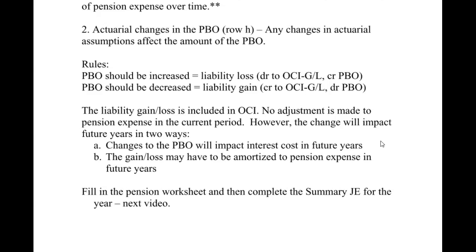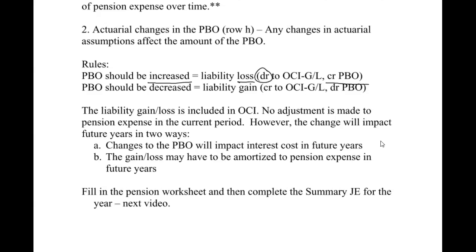If an actual change causes the PBO to increase, we call that a liability loss. The easy way to remember that is, if I'm increasing the PBO, it's a credit to the PBO, and if I'm calling it a loss, it's a debit in the gain or loss column. So we have two possible things going into the gain or loss column. If it's decreased, it's the exact opposite.